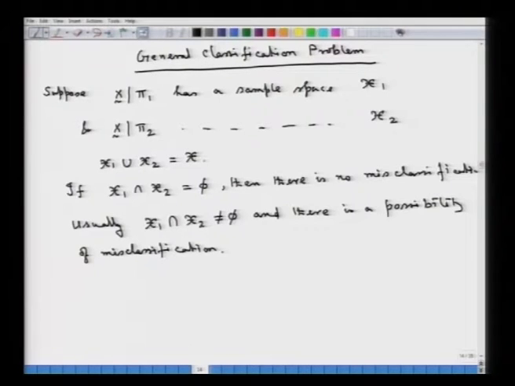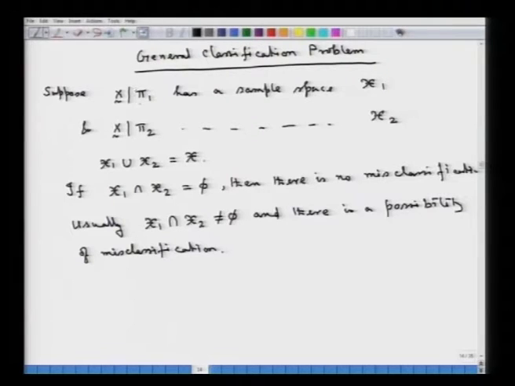Looking at the region of its occurrence, one can easily say which population it is coming from. However, for almost all real life applications, that is not the case. For practical situations, script x1 intersection script x2 is not equal to phi.